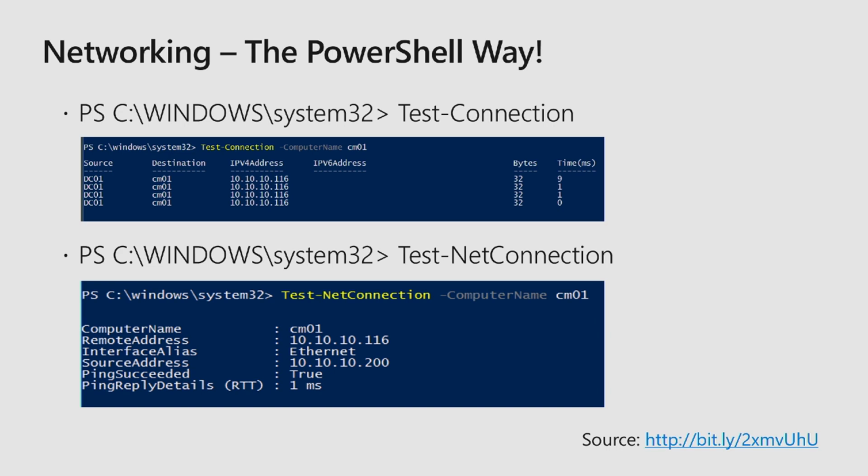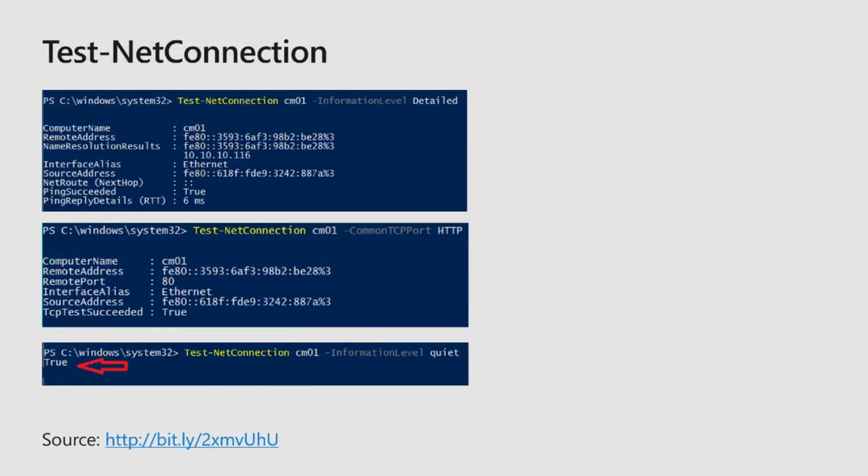I gave it a computer name, and it gives me a little bit more details in terms of the source, the destination, the hops, and all that fun stuff. Here's another showing you a little bit more details with the detailed parameters. You can check for ports, which is on this screenshot here: HTTP, SMB, and all that stuff to see whether those things are open or not.